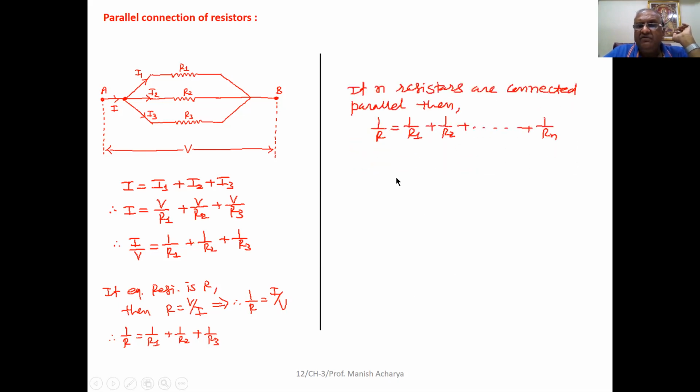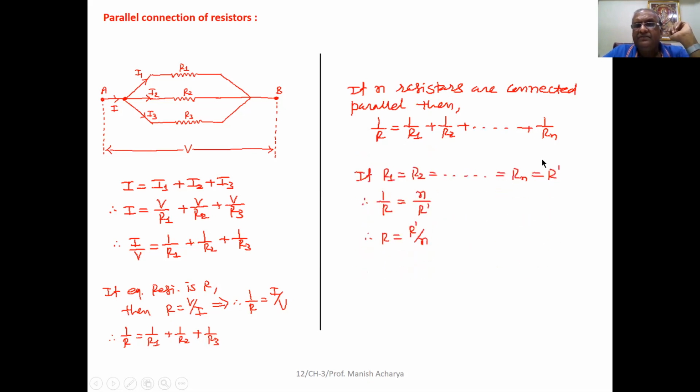Then for the equivalent or resultant resistance, we can write the equation 1 upon R equal to 1 upon R1 plus 1 upon R2 plus 1 upon R3 up to 1 upon Rn.